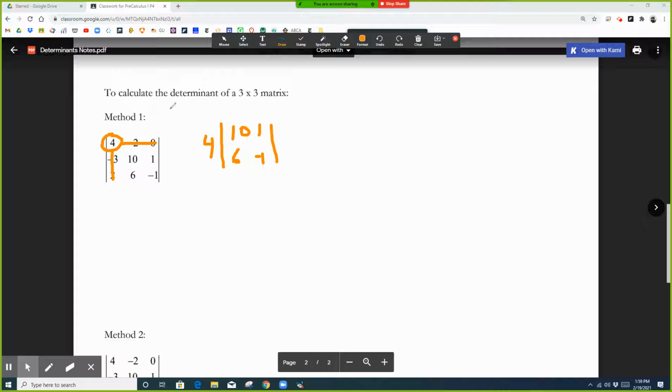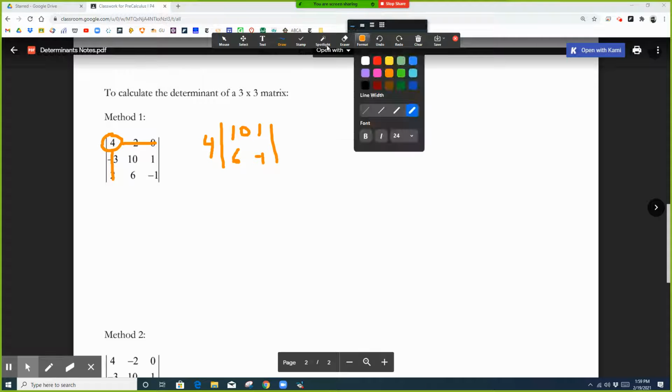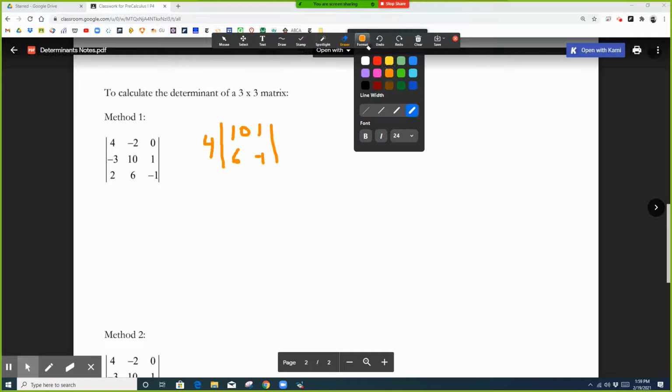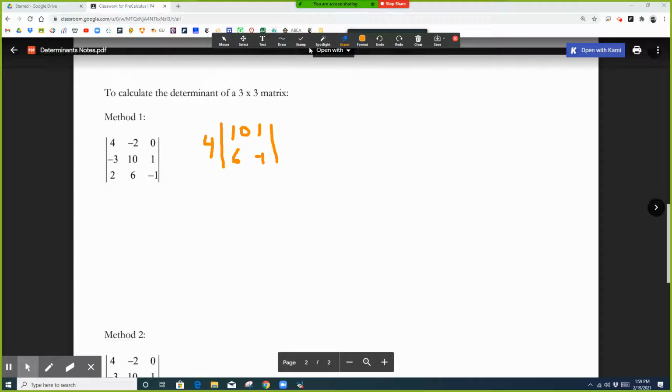So it goes +4. And then now you take the next number in that top row, so 2. You circle it. You don't have to circle it, but I find it nice to circle. All right, and now we're going to subtract, so it goes plus, minus, plus.